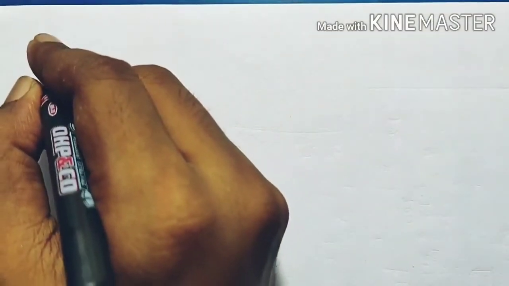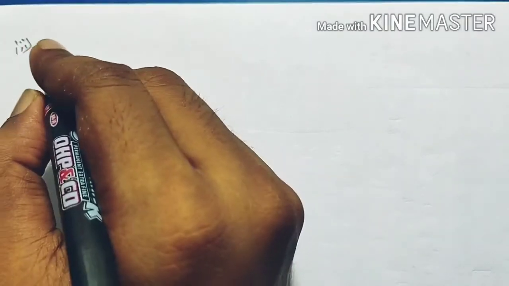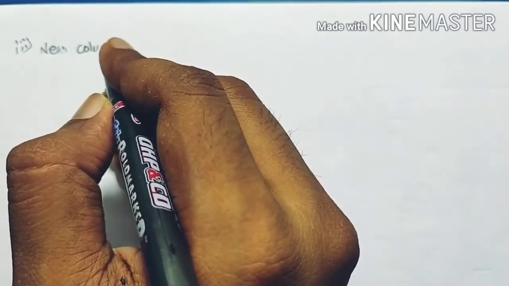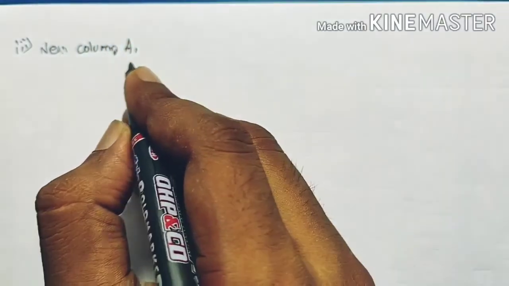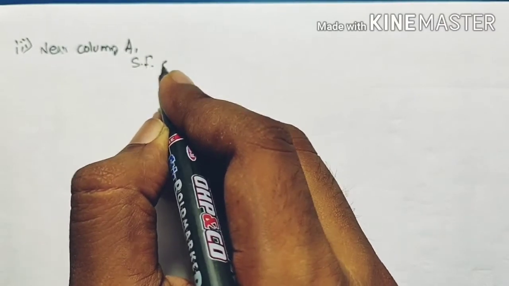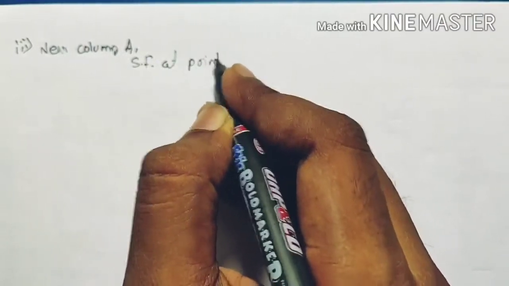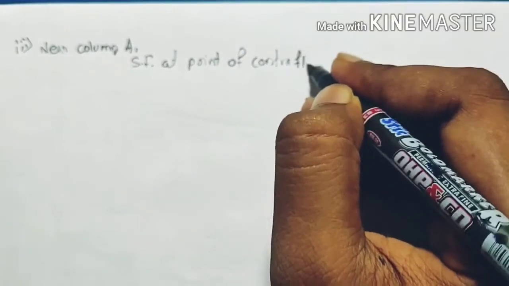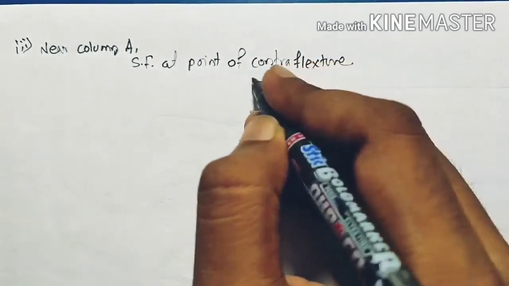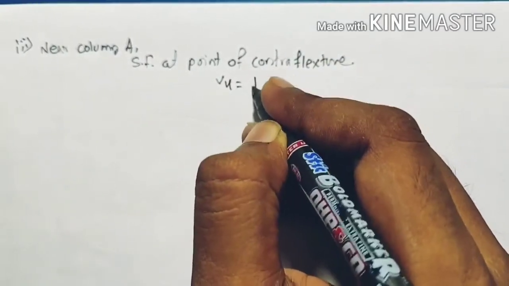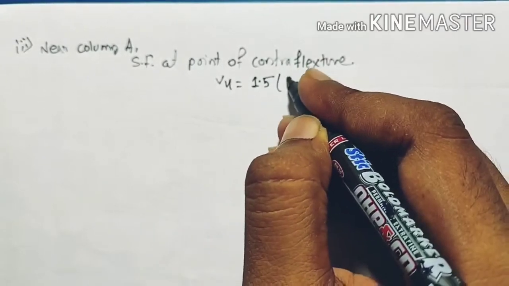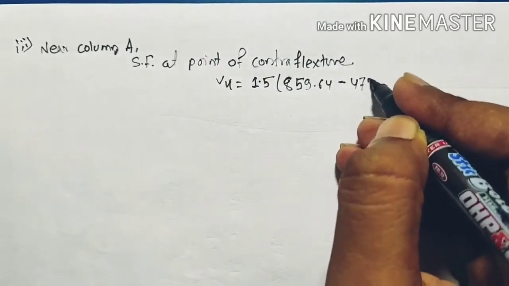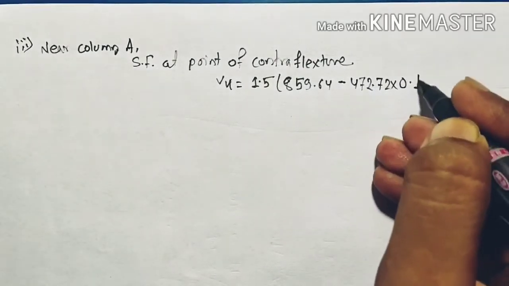Now near column A we have shear force at point of contraflexure, Vu equals to 1.5 times (859.64 minus 472.72 into 0.148).